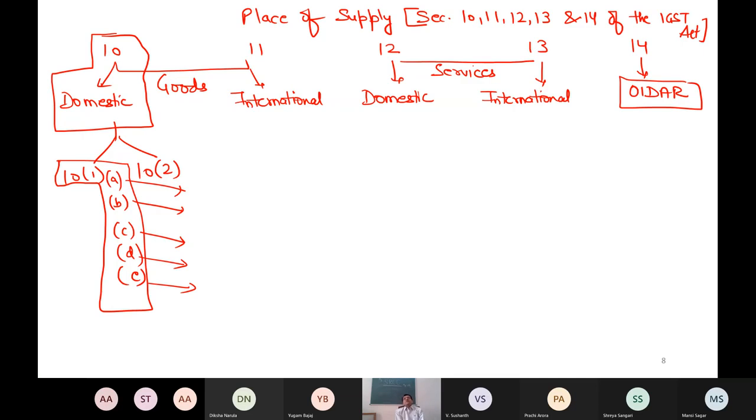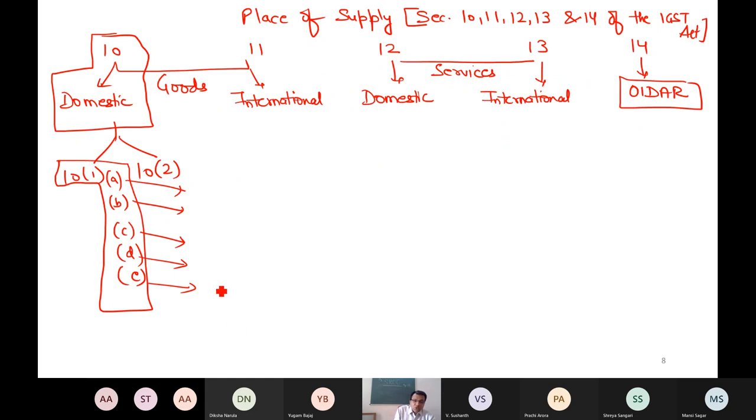When the flight goes from Delhi to Nagaland, it will cover so many states: Uttar Pradesh, Bihar, West Bengal. It will also go over Bangladesh. Technically, it's not so easy to determine place of supply, so we have a separate clause for this. Section 10(1)(e) deals with such cases, when you purchase goods, when the supply happens, while you are on a conveyance.